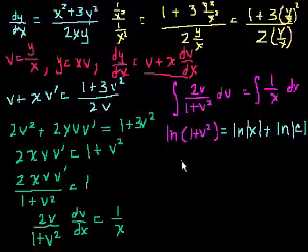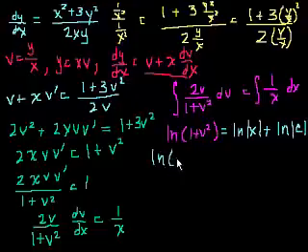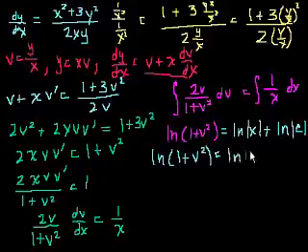So we can rewrite this whole equation as the natural log of 1 plus v squared is equal to, when you add natural logs, you can essentially just multiply the two numbers that you're taking the natural log of. The natural log of, we could say the absolute value of cx. And so the natural log of this is equal to the natural log of this, right?